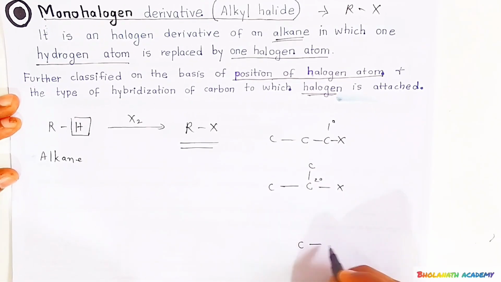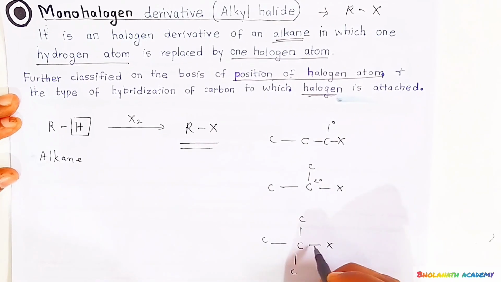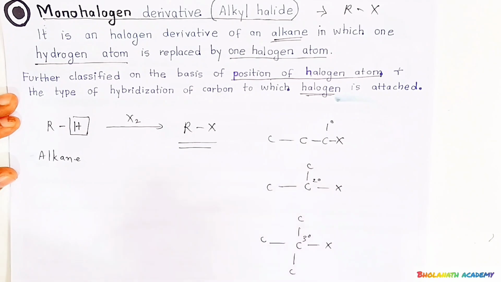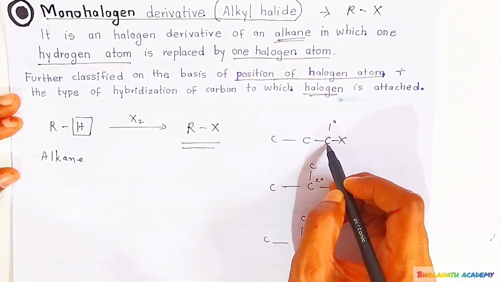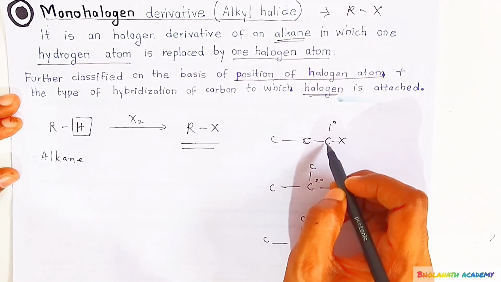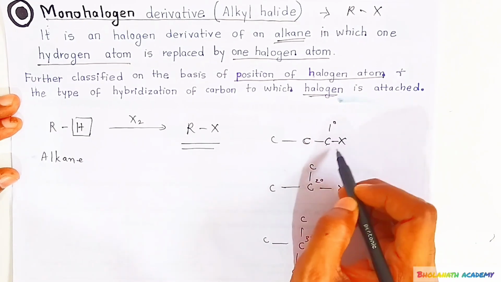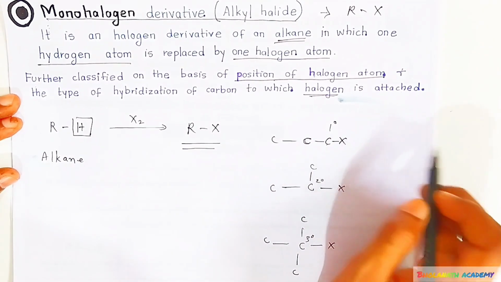If the halogen is attached to a third degree carbon, then the compound is called a tertiary alkyl halide. Why is it called first degree, students? Because this carbon is attached to only one carbon. That is why it is called a first degree carbon. If the halogen is attached to the first degree carbon, the compound obtained is called a primary alkyl halide.